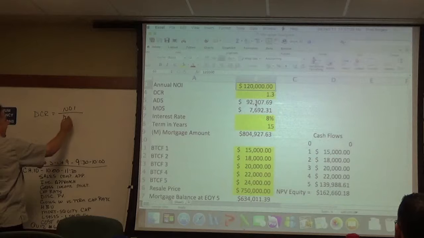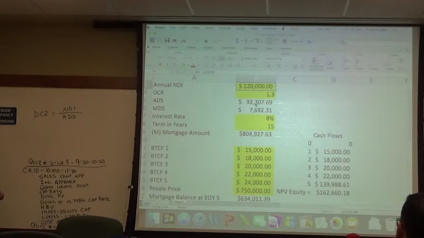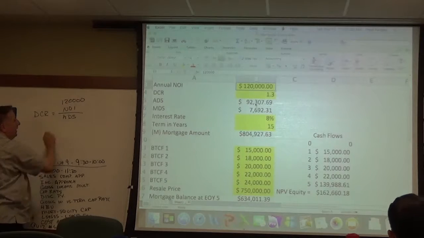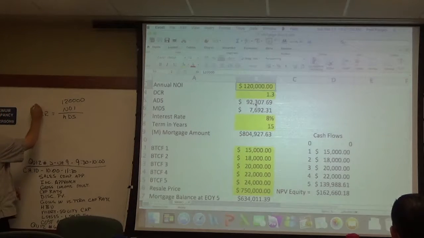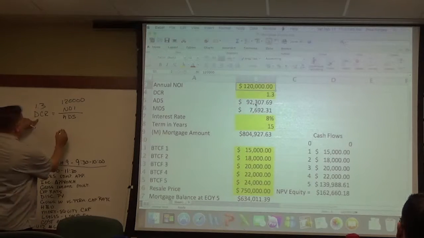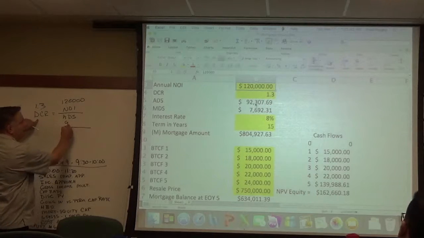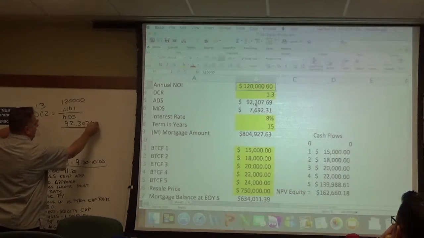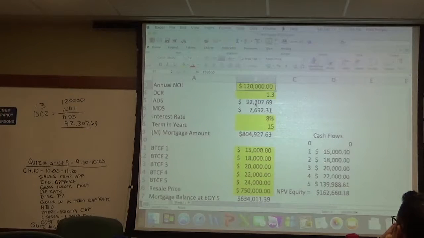NOI divided by annual debt service. Well, you're being given your annual NOI of $120,000, and you're being given your debt coverage ratio of 1.3. So if you take that divided by that, that is going to give you the $92,307.69. Everybody understand that? Yes or no?